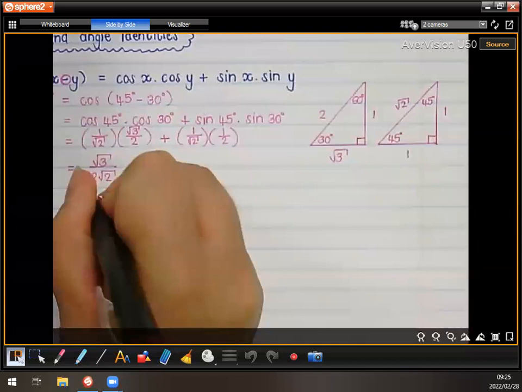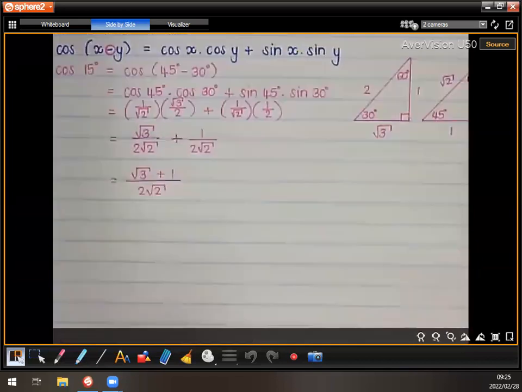Now let's just quickly simplify these. The nice thing here, guys, is that when I multiply these denominators together, I'm going to get 2 root 2 in both, so they're all going to have the same denominator from the start. So this is going to be root 3 over 2 root 2, plus, for the next product, numerator times numerator is 1, and denominator times denominator is again 2 root 2.